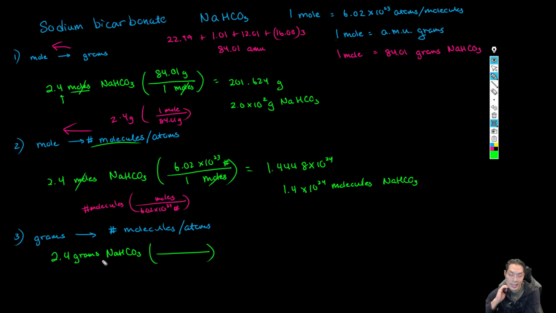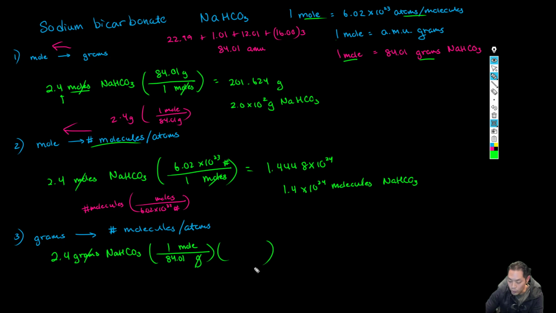So okay, since I have no direct path, my goal is from grams to moles, and then moles to molecules. So the first thing I want to get rid of is grams, and I want to gain moles. So if I look, okay, where do I have that relationship? That's this one. So 1 mole is equal to 84.01 grams. So now I got rid of the grams, and now I have moles.